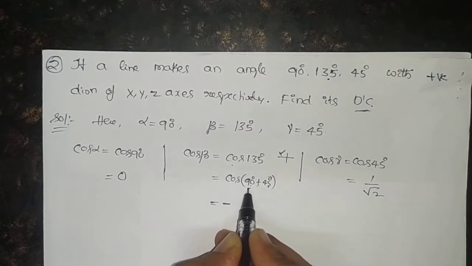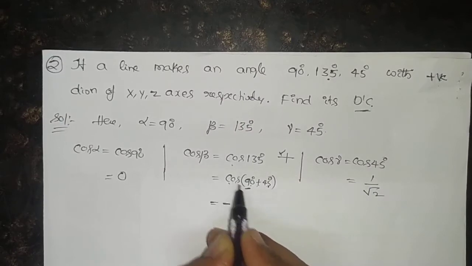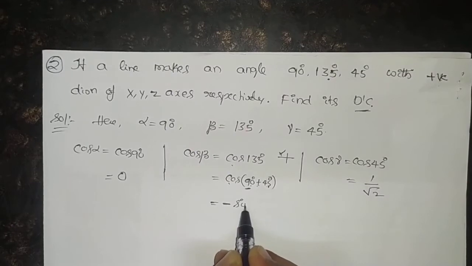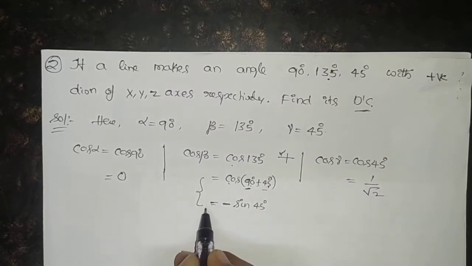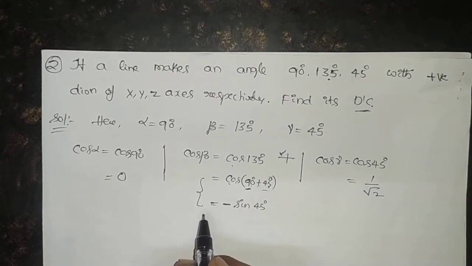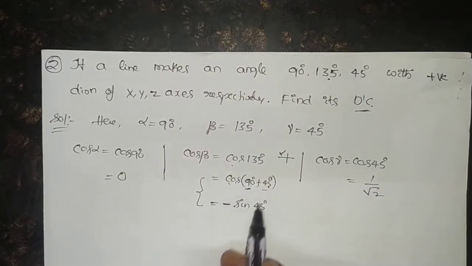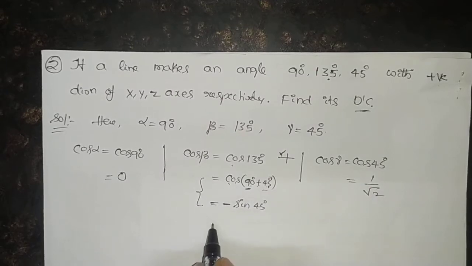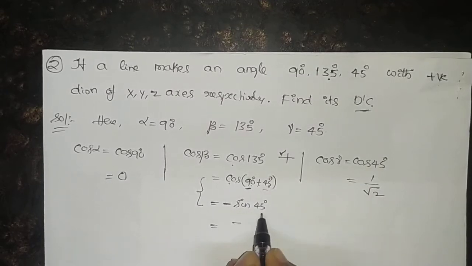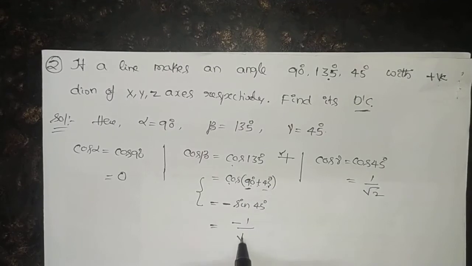Now here we have an odd multiple of 90 degrees, so cos changes to sine, with 45 degrees. This basic concept we have already learned in our first PUC, the topic of trigonometric functions. That is equal to minus sine 45 degrees, which is minus 1 by root 2.